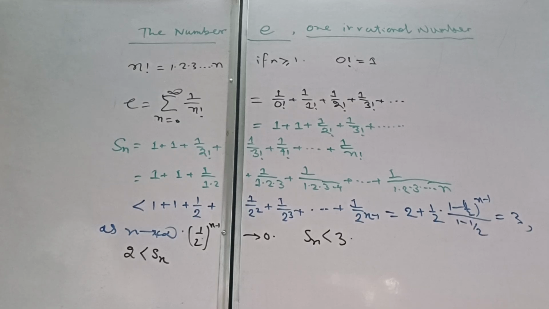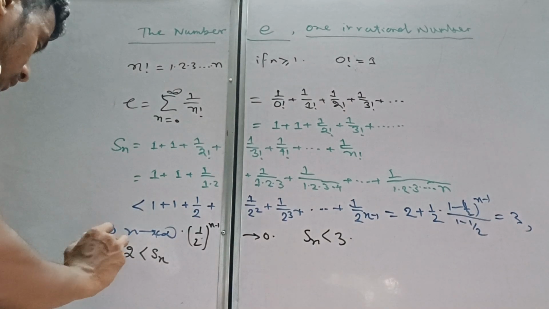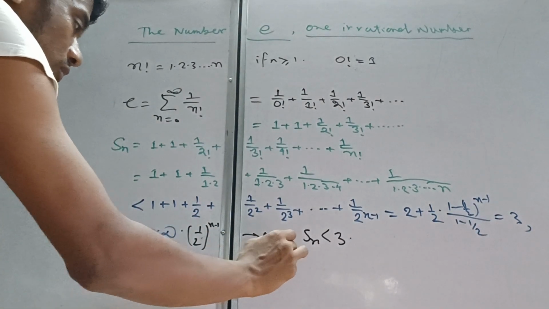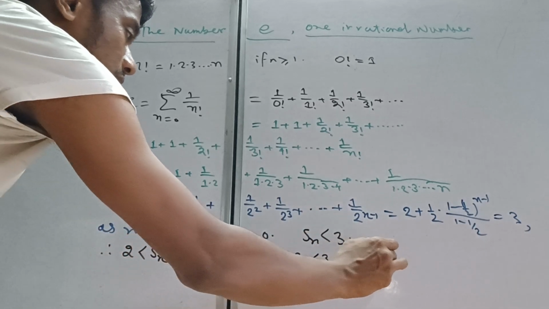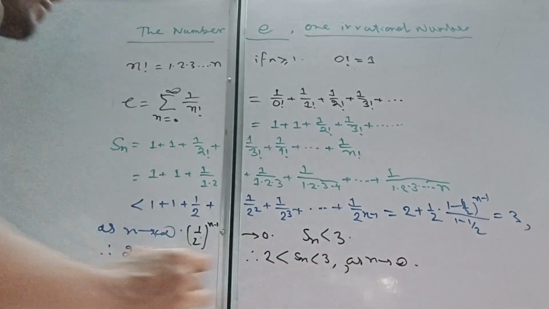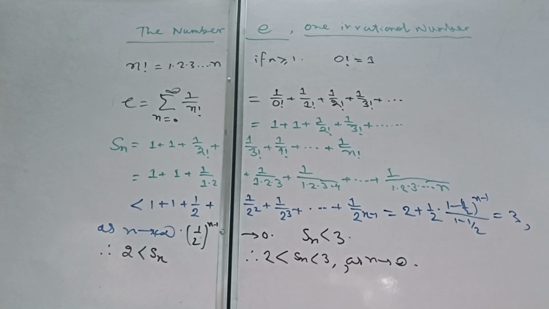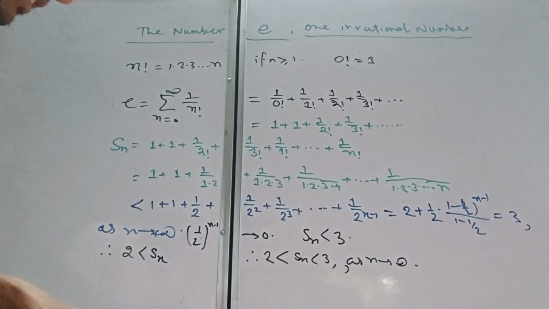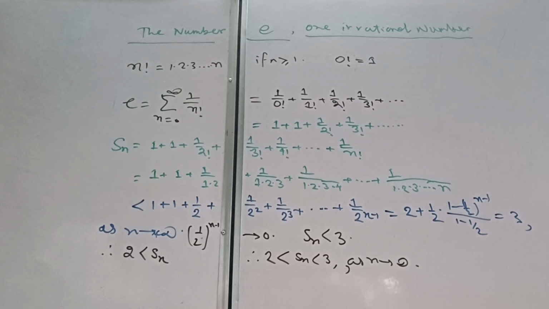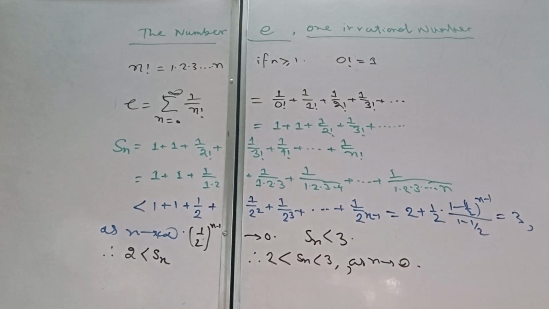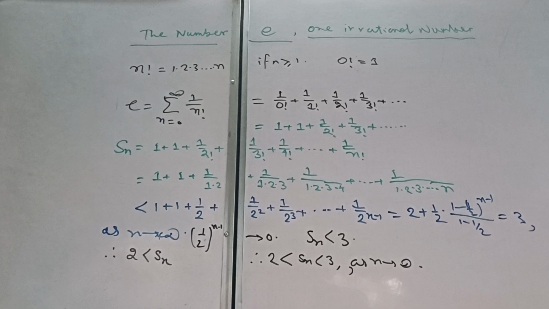So we conclude 2 less than Sn less than 3 as n tends to infinity. So this series is bounded, and so this series is convergent. We know that if the nth partial sum is bounded, then this series is convergent.